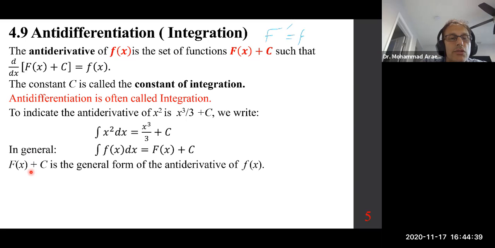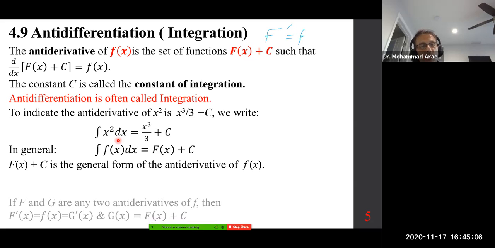The notation that is used here is an elongated S, short for summation, and x squared dx. The anatomy of that will be explained with details later on. But this is the notation that is asking for integration or anti-differentiation, and it becomes 1/3 x cubed plus a constant. It's important that dx tells you what your independent variable is.